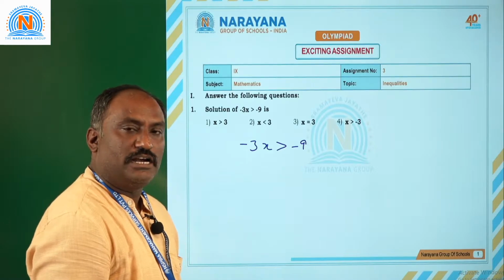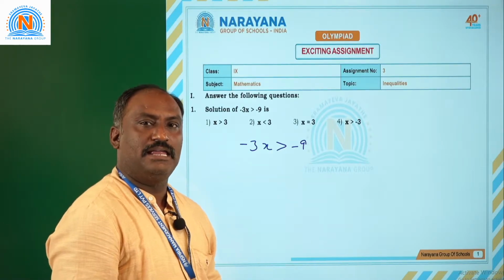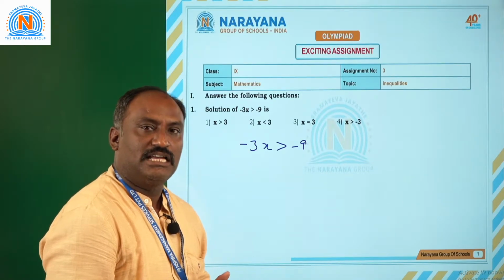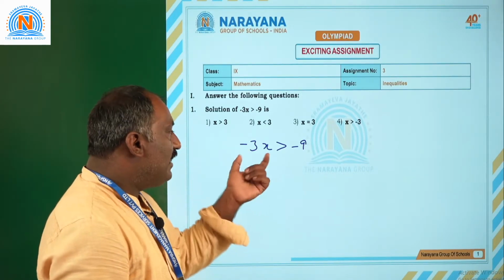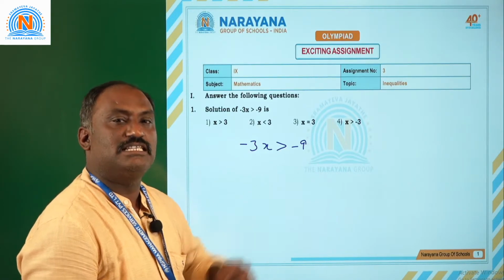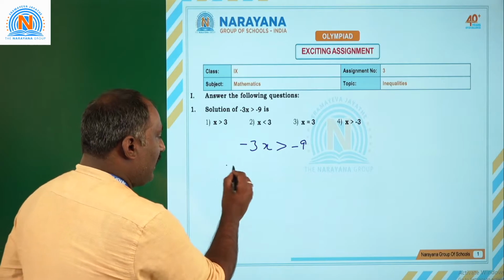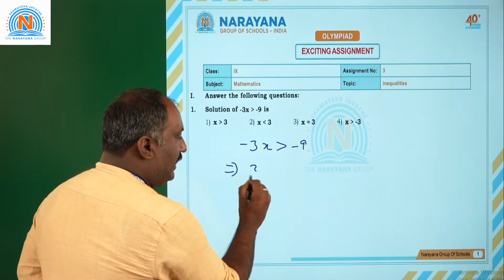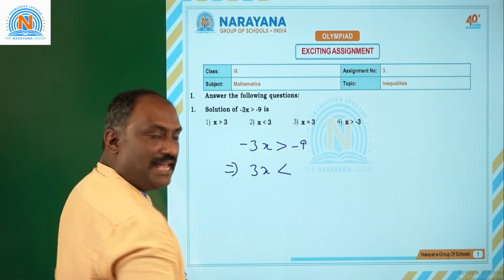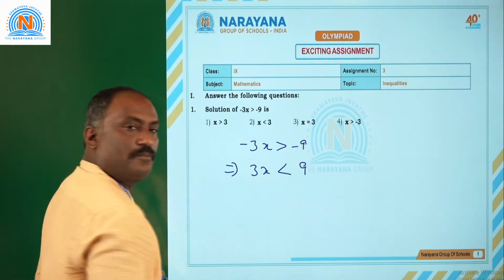We have a rule that whenever we are multiplying the negative symbol on both LHS and RHS, the symbol greater than will change to less than. From this one I can say that 3x, which has the greater than symbol, will become less than 9.